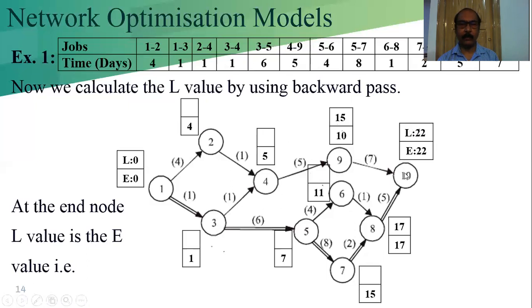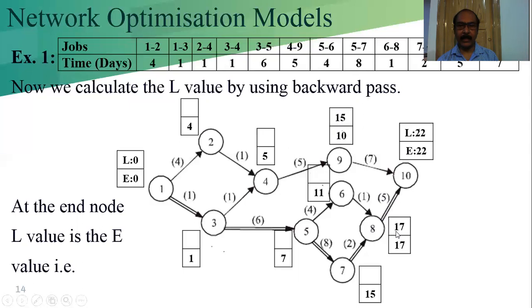Now we are using the backward pass. So from here we can move to the predecessor. 9 is the predecessor of 10. So 22 minus 7, we got 15. These steps we are calculating. Now from here we can go back, 22 minus 5, that is 17.